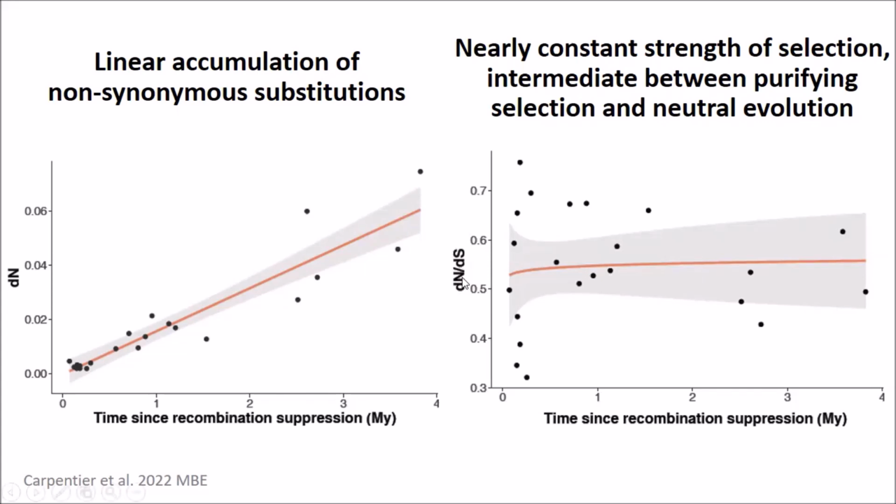And when you compute the ratio of the non-synonymous substitutions over synonymous substitutions, which is a proxy for the strength of selection, it looks like it's quite flat, meaning that you have a steady strength of purifying selection that is neither 1 nor 0, but is intermediate between purifying selection and neutral evolution, as expected. So selection is less efficient than when there is recombination, but there is still some selection against non-synonymous substitutions.